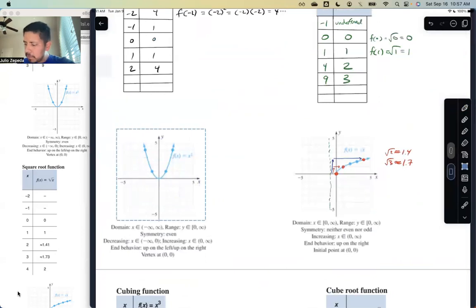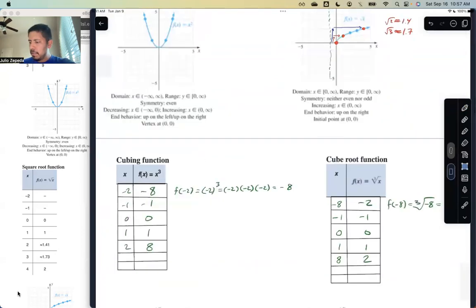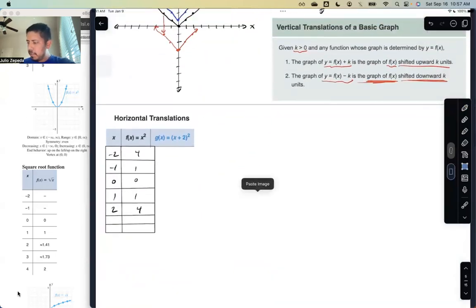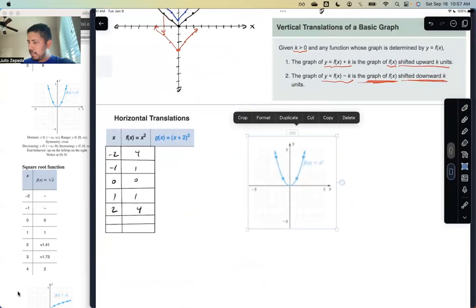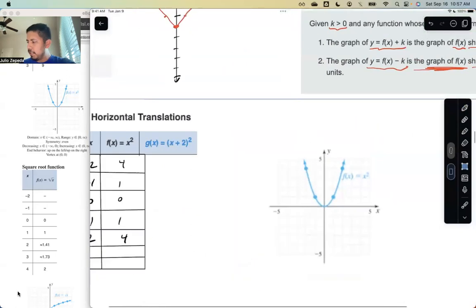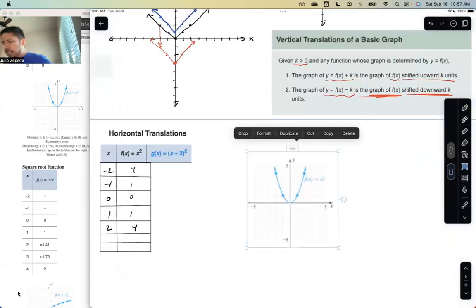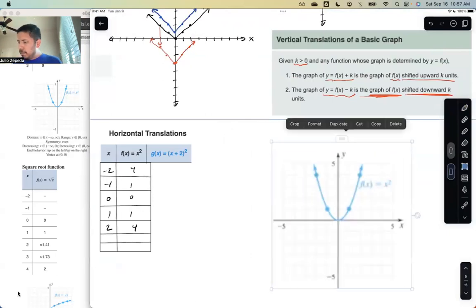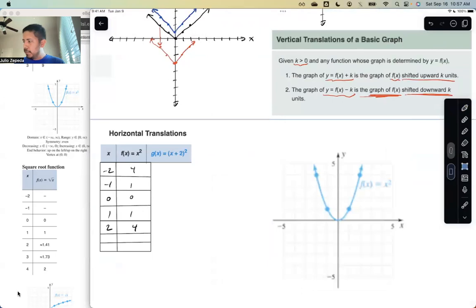Let's see, and we'll copy this thing. So let's see if we can write this down and make sense of it. I almost thought of leaving off the words horizontal translations to leave it more as a surprise, but there it is.